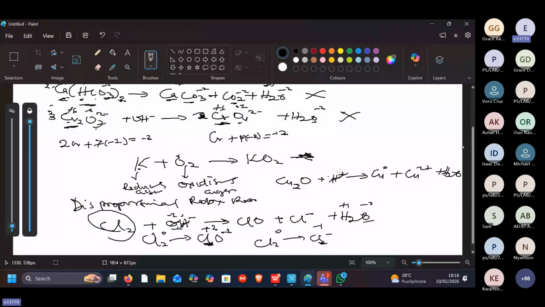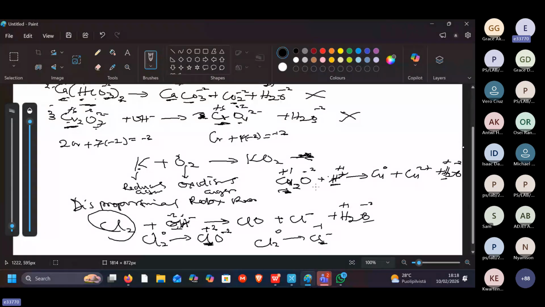The hydrogen is +1, and the oxide is -2 in both. So what will be the charge on this copper here? +1. Yes. Okay. Now, the hydrogen is out because it is +1.